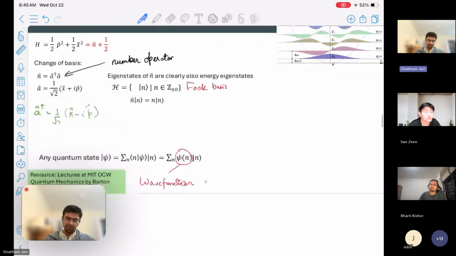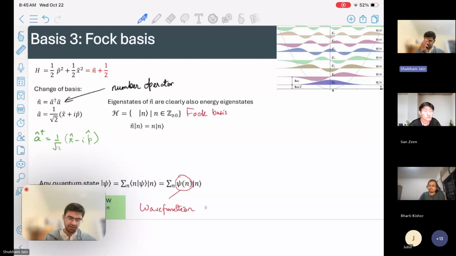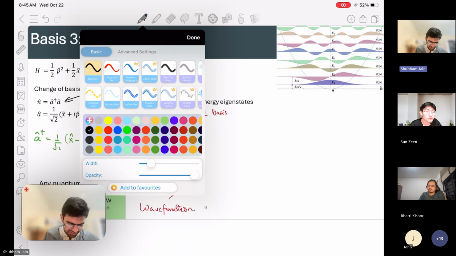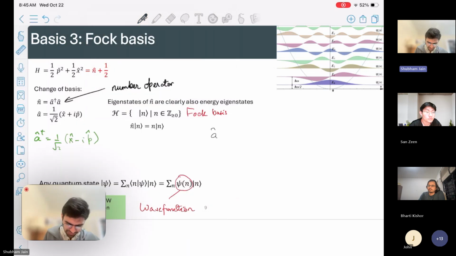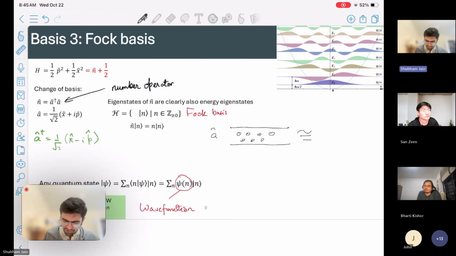Another way to visualize these operators, and this will relate to why these are called annihilation and creation operators and why these are bosonic states, is if we imagine that we have some cavity or a fiber which has some number of photons. Then what this annihilation operator does is it removes one photon from the system. So now you have one less photon or one less quanta of energy.